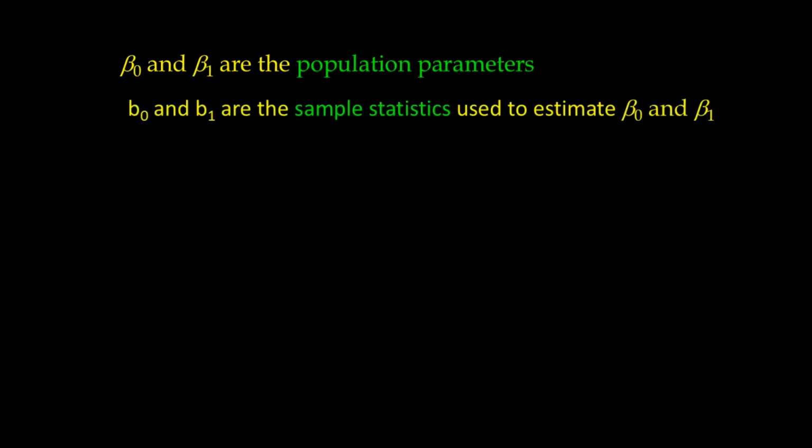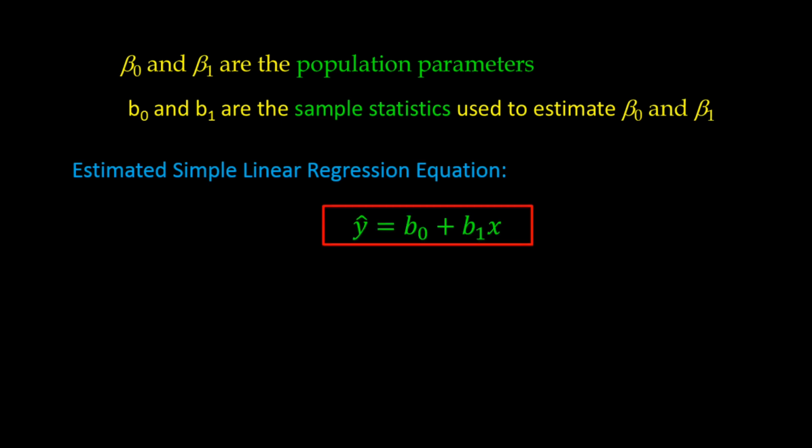In regression, b0 and b1 are used to estimate the true population parameters of beta naught and beta 1. Just like we used x bar to estimate mu and s to estimate sigma, we use b0 and b1 to estimate beta naught and beta 1. So for a sample, the estimated simple linear regression equation looks like this.